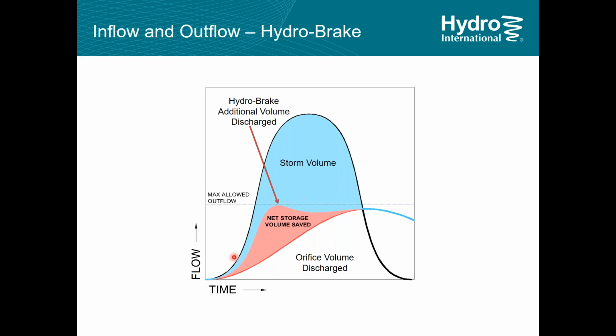But the pink area is water that you've discharged. You didn't have to store it because it was coming in at a rate less than your allowable discharge, so there's no reason to hold it back. You could let it go straight through. And that's a reduction in volume.